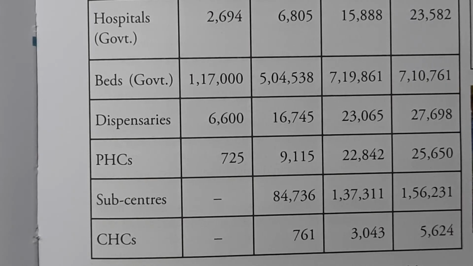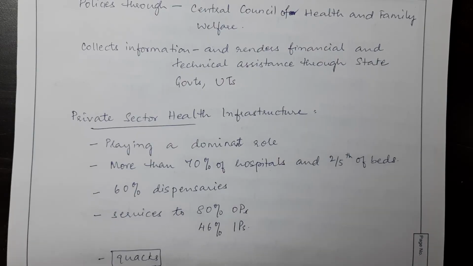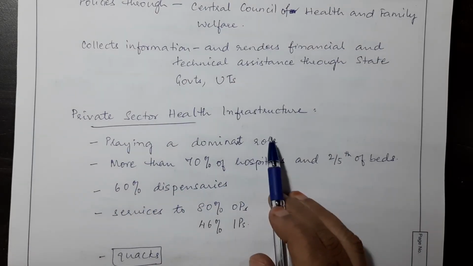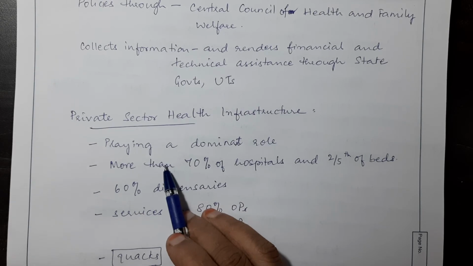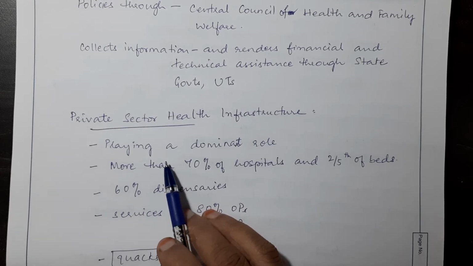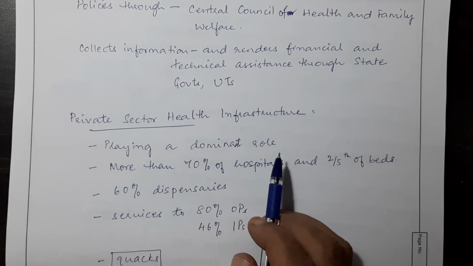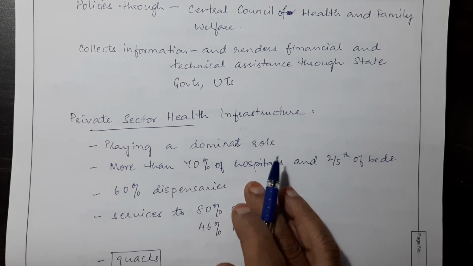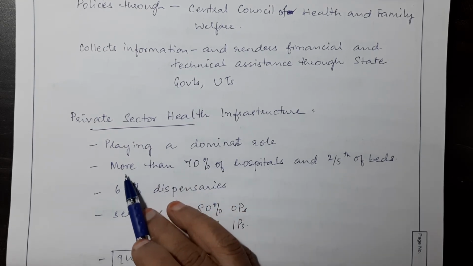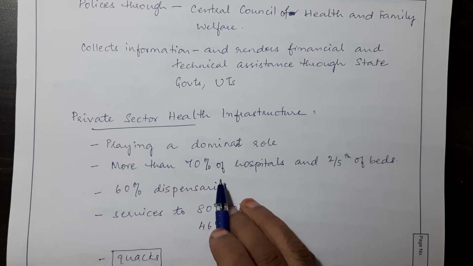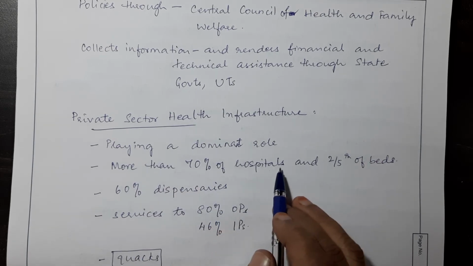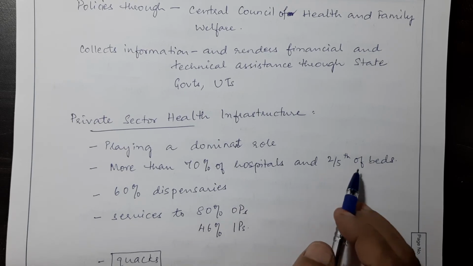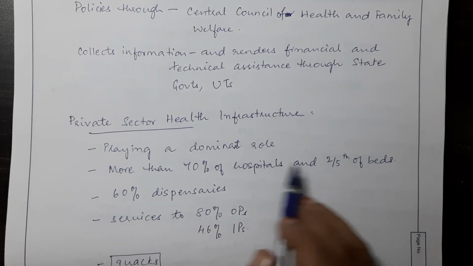to 2017. Coming to the private sector health infrastructure, the private health sector has been playing a very dominant role in delivering the services. Here, more than 70% of the hospitals in India are run by the private sector, and 2/5 of the beds available in the hospitals are in the private sector.